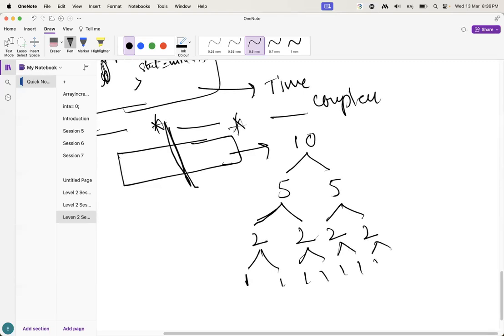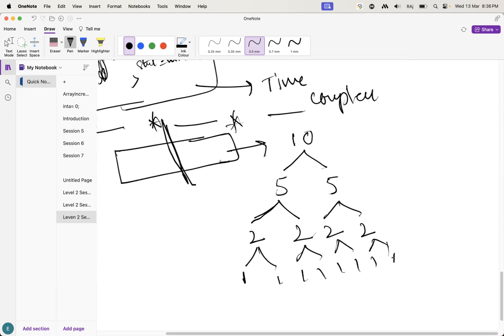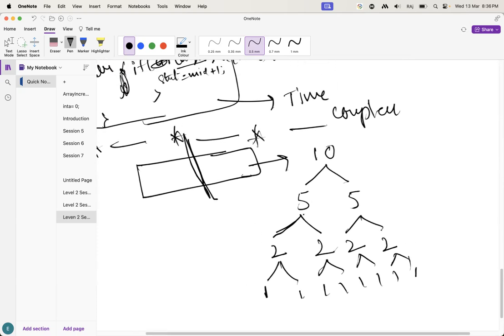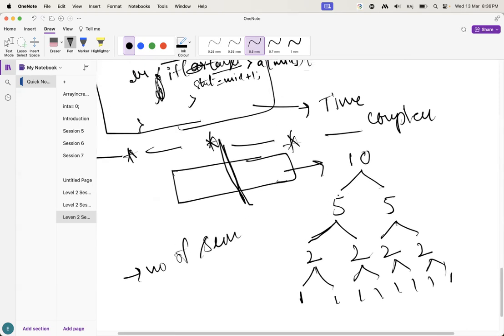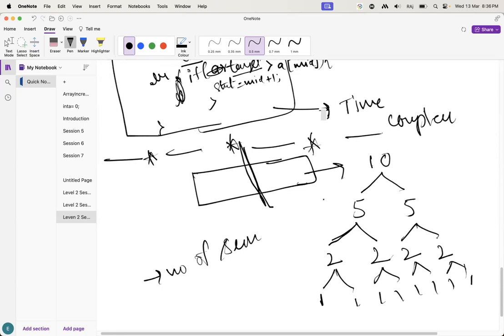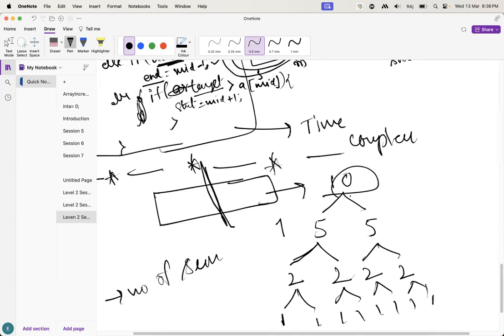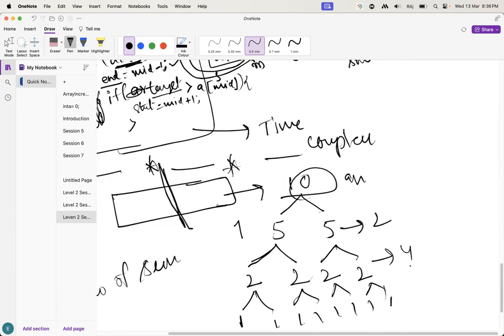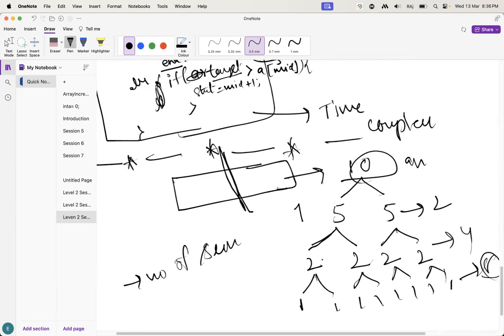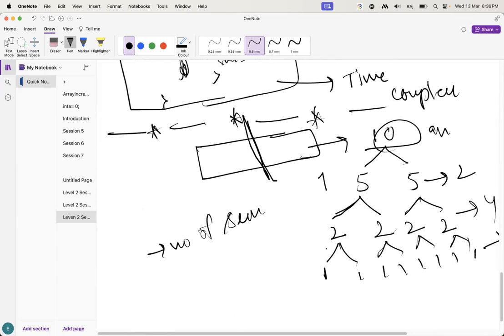Right, guys? So you can see here every time the number of subarrays may be increasing. Let's suppose here one subarray initially. After that, maybe 2 arrays, maybe 4 arrays, maybe 8 arrays. But what about the actual values, guys? What is the size of the subarrays?